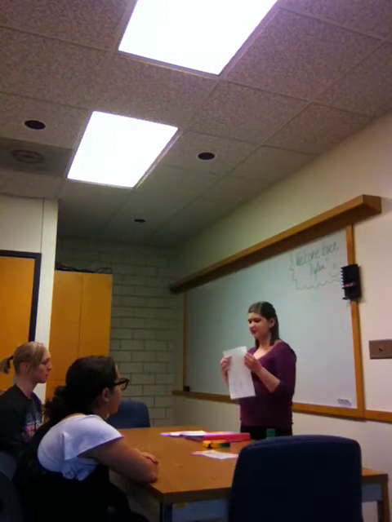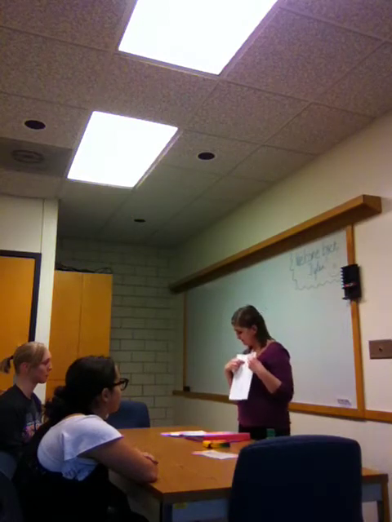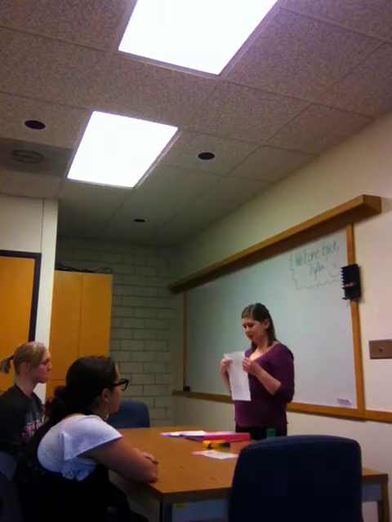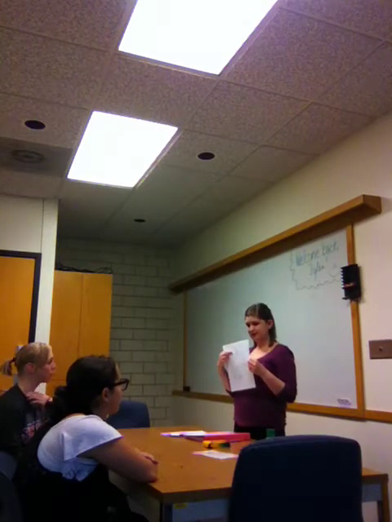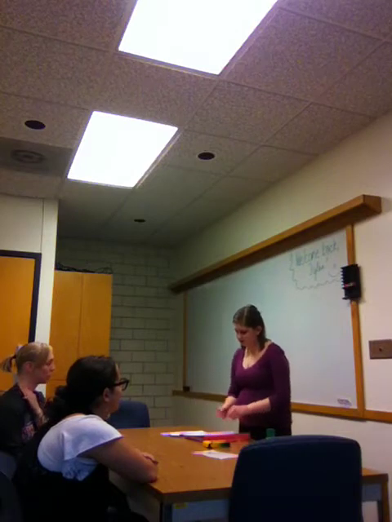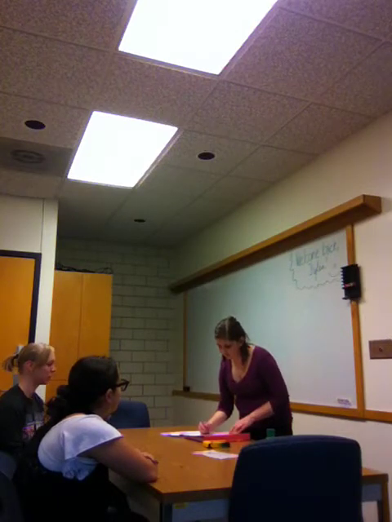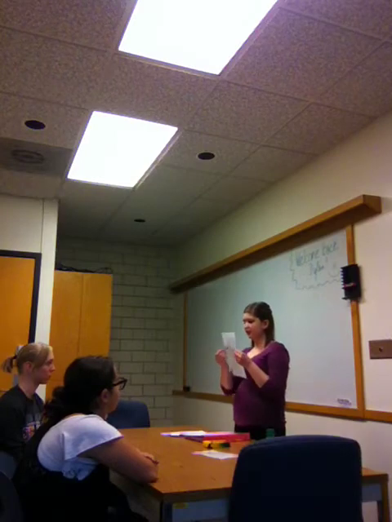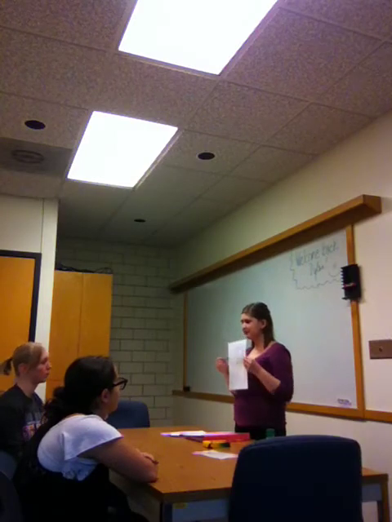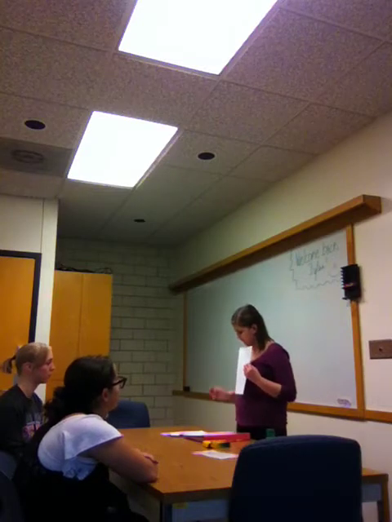The numerator, which is the number on the top of the fraction, tells you how many pieces of the whole that you have. So how many pieces do we have? 3. So we're going to color in 3 pieces for our first example. 1, 2, 3. So this circle shows the fraction 3/4. Does everybody see that? Okay.